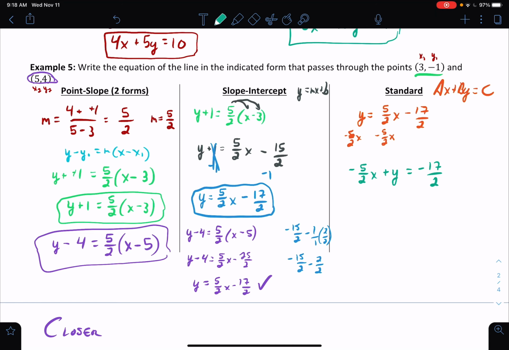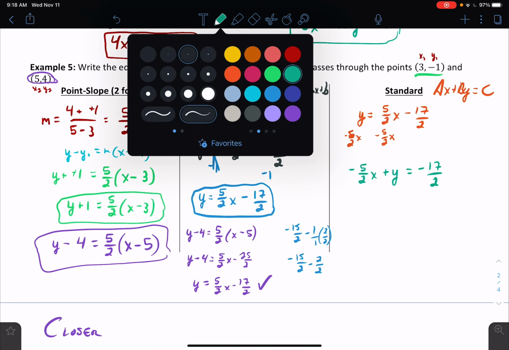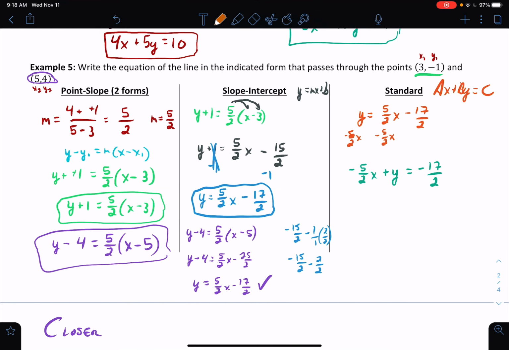Next up, I need to make sure my a value is positive and I don't have any fractions. So I am going to multiply this whole thing by -2, because that's the least common multiple of all the denominators. And it's going to make my a value positive.